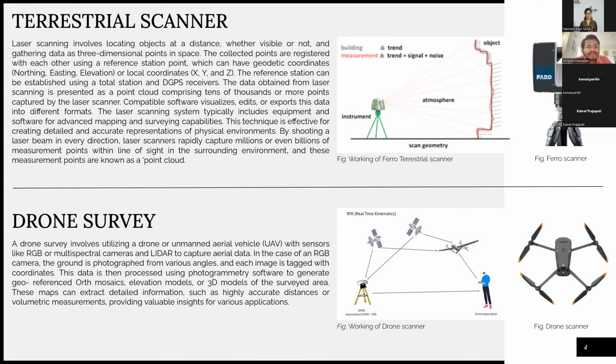Then the data is processed using photogrammetry software to generate georeferenced orthomosaics. These orthomosaics, or tiles, are then converted into maps. These maps are used to extract detailed information such as highly accurate distances or volumetric measurements, providing valuable insights for various applications.